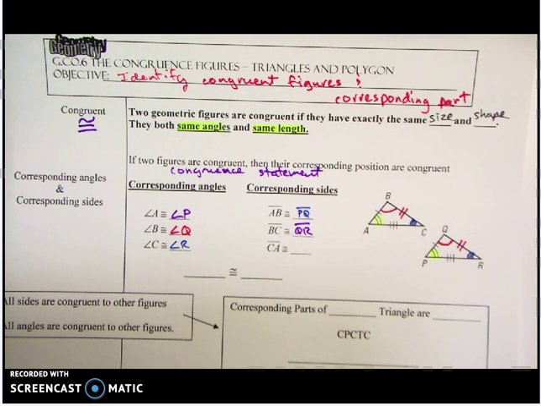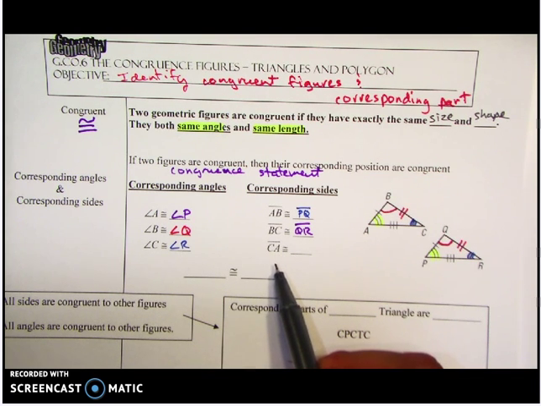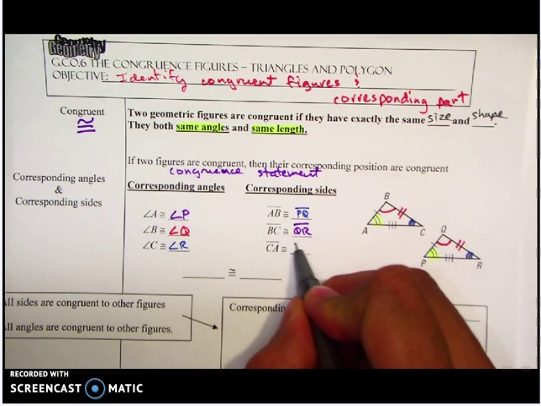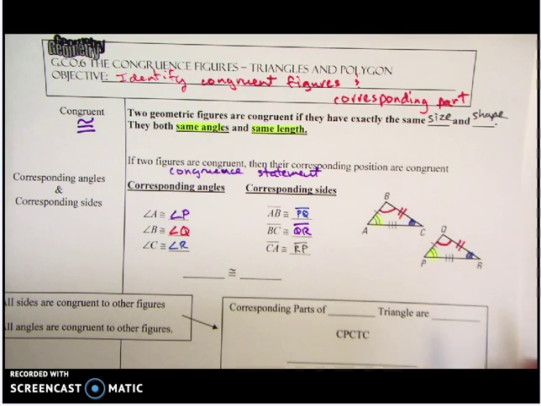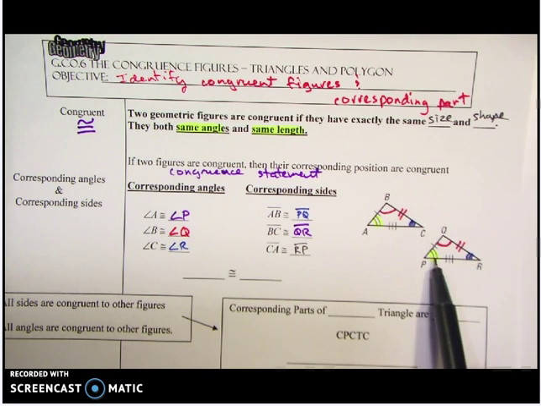That indicates they're the same. Now let's take a look at the next one, segment CA. CA is congruent to what segment? Should be segment RP. And again, how do you know? You have 3 to 2, and here we have 3 to 2.